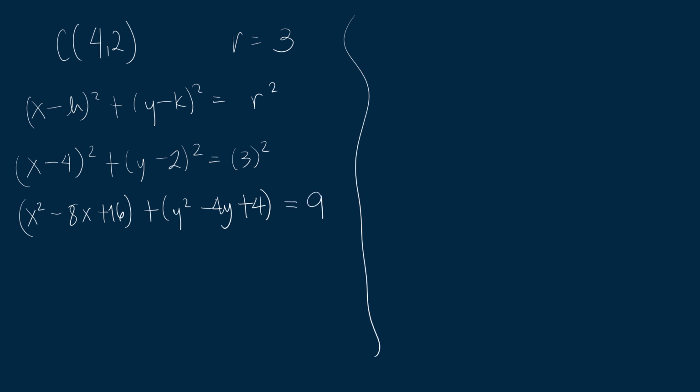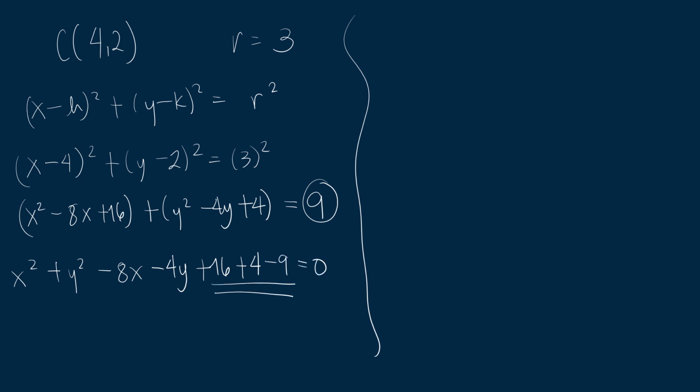You can now arrange all the terms from highest exponent to the lowest, and you can transpose the constant 9 to the left side. So it will become x squared plus y squared minus 8x minus 4y plus 16 plus 4. From positive 9, it will become negative 9 is equal to 0.